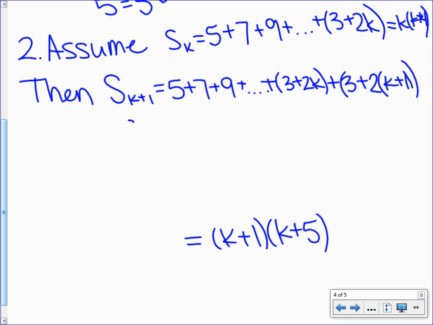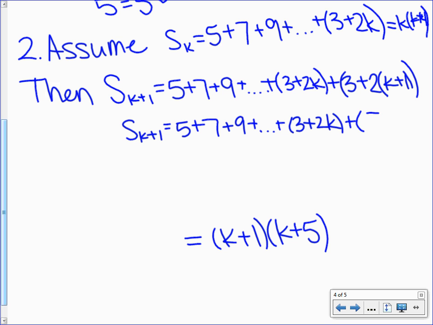So, our k plus 1 sum, let's make it look a little nicer for that last term, is 5 plus 7 plus 9 plus 3 plus 2k plus, what does this become? 5 plus 2k. Because we have to add up all of the terms leading up to k plus 1, so that has to include the k term.